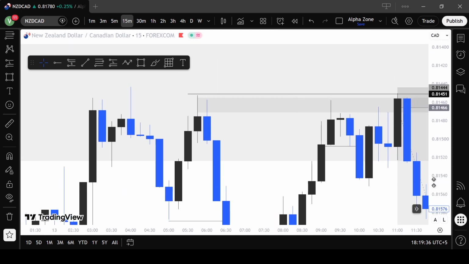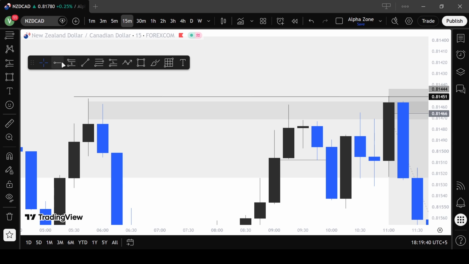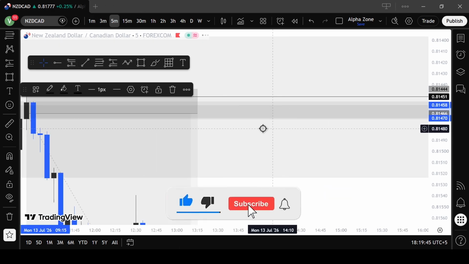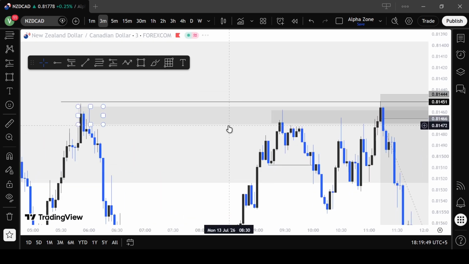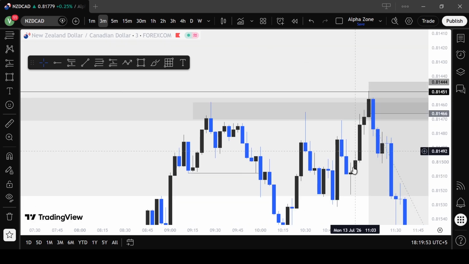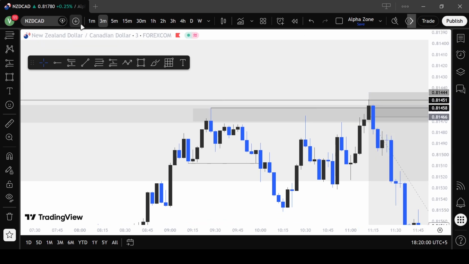I can see that according to 15 minute the market will be here. Okay, but let me refine it. As we can see, there is no order block, so I can assume that this swing will be fulfilled.